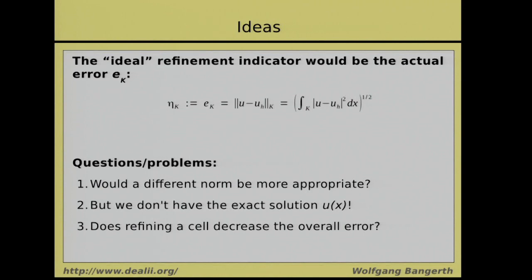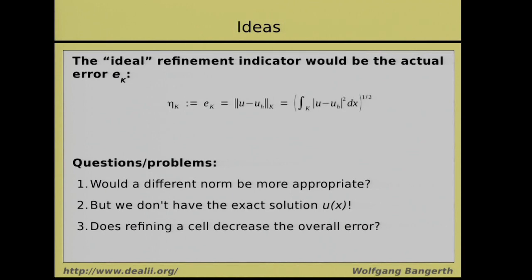And I'm going to start with this. So I'm going to work myself through first question number 3. And then I'm going to spend a lot of slides on question number 2. And the question whether the L2 or the H1 norm is actually appropriate, that is something that I'm going to defer to the next lecture, because it leads to a, let's say, fundamentally different approach.